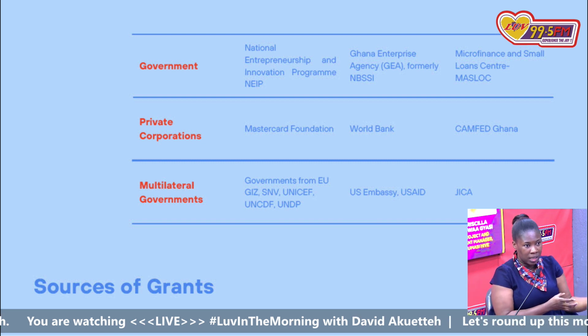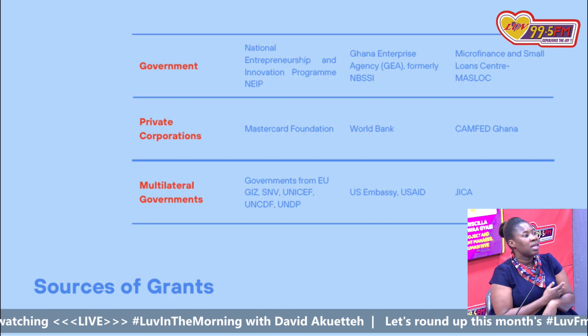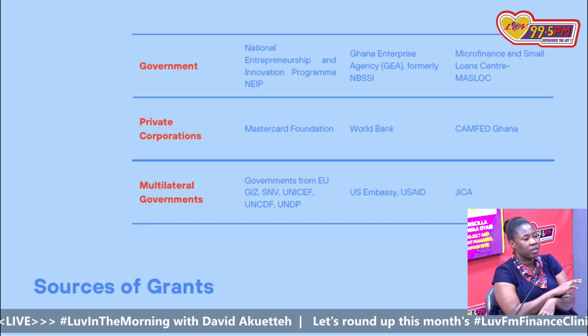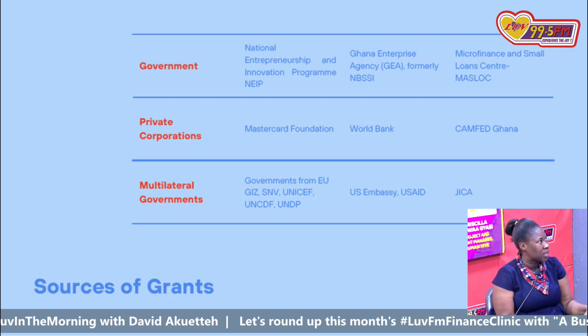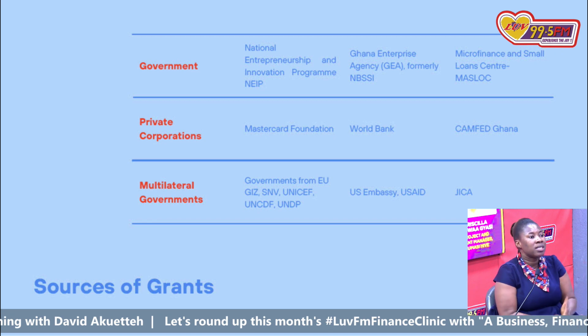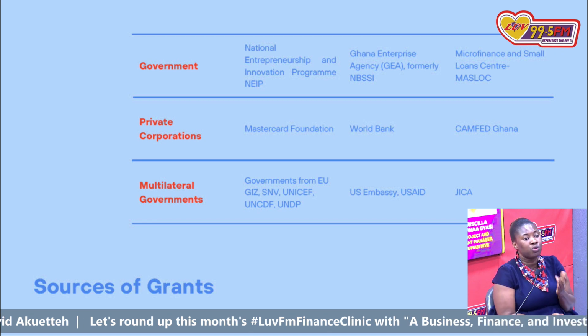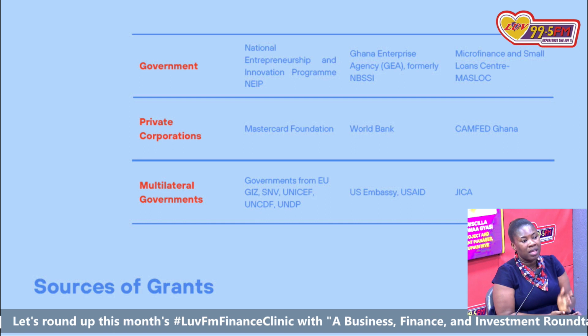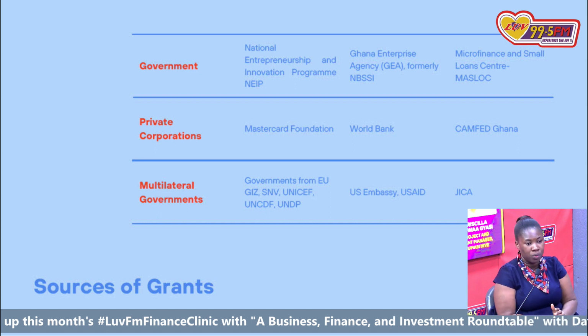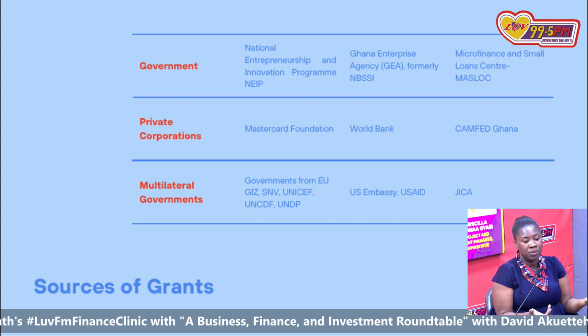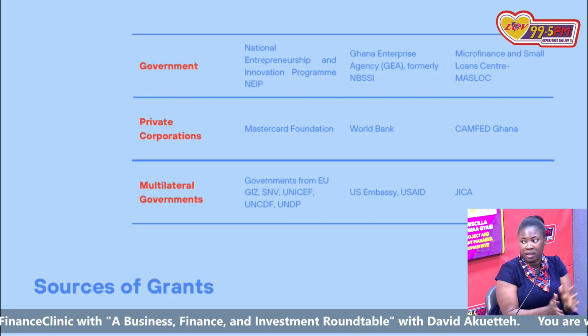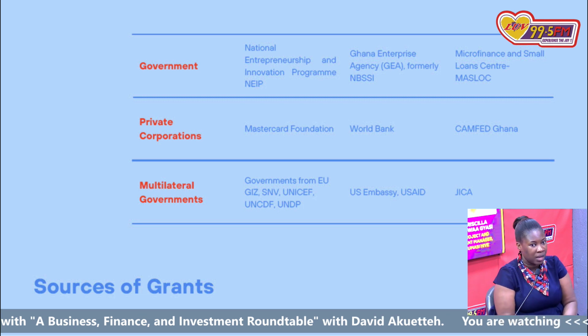But for GEA, formerly NBSSI, there are offices all around the municipals. Please see them, register with them, because their workers do well when you are with them. Whenever there is an application, they just call you. Normally, since they are in the rural community, they just help you in filling the application. You don't really need to suffer with that.